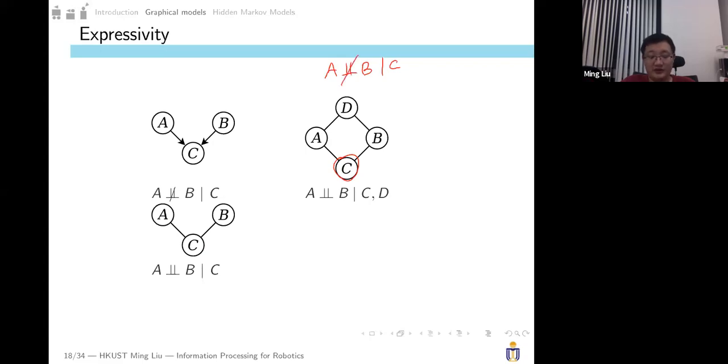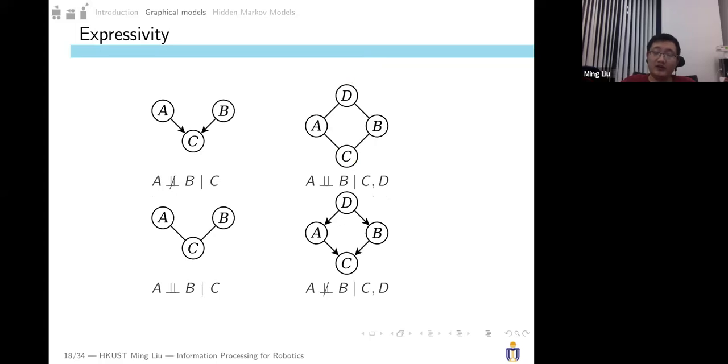Because there is another path that can go through D. Given C only, A and B are not independent, because you should consider the cases of D. So with C and D as a joint event, they happen together, and then A and B are conditionally independent.